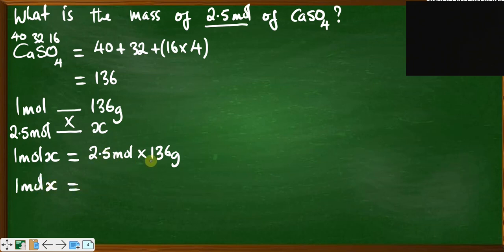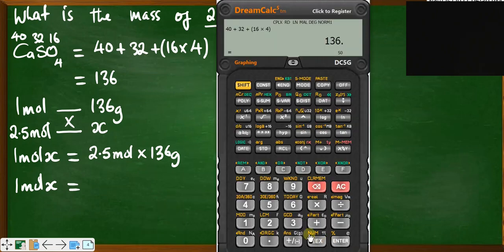So I'll multiply this. I'll just pick on my calculator as usual. I'll say 2.5 times 136 equals 340. So here I'll write 340. Now I'll put mole and I'll put grams. Order doesn't matter. Now what I'm looking for is x, not 1 mole.